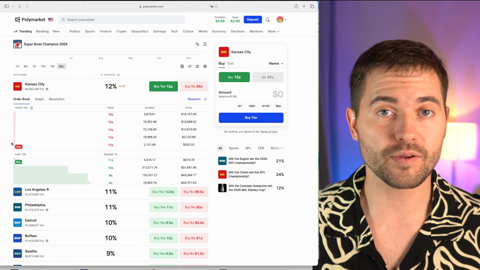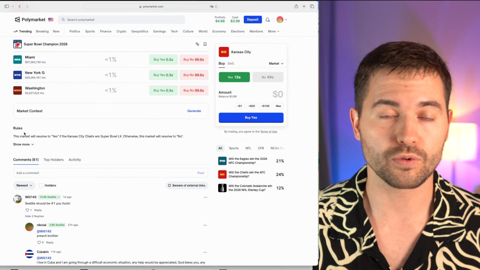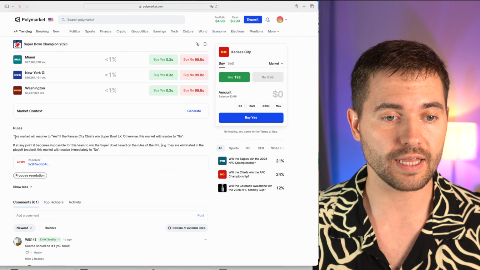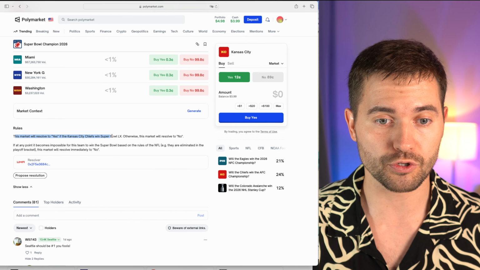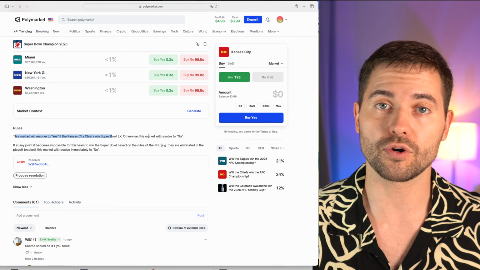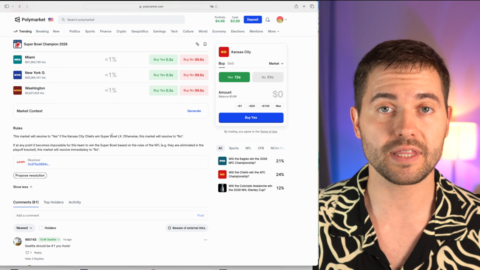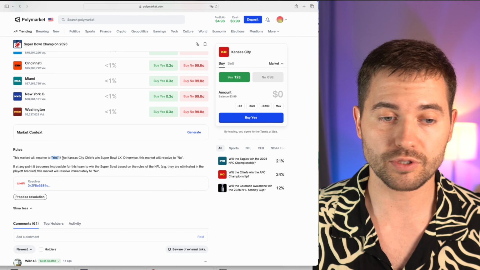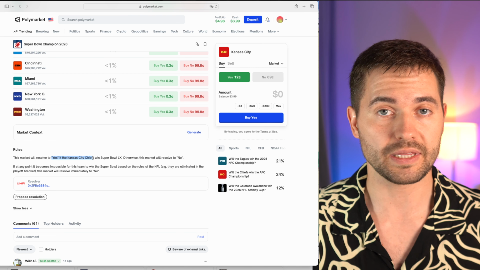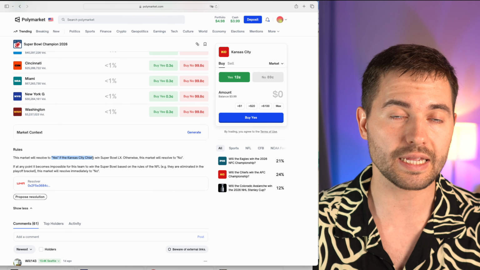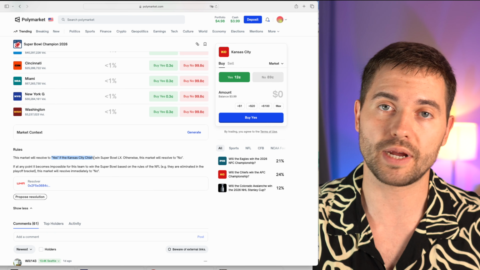Now, the next thing that's very important to look at, all the way at the bottom, you will see rules, and you open it and you read word for word exactly what the outcome should be to win, because otherwise you don't know what you're throwing your money at. For some things, like the Super Bowl, it's easy to tell who's the winner, but then there are more specific markets, like for example, what the Bitcoin price is going to be.